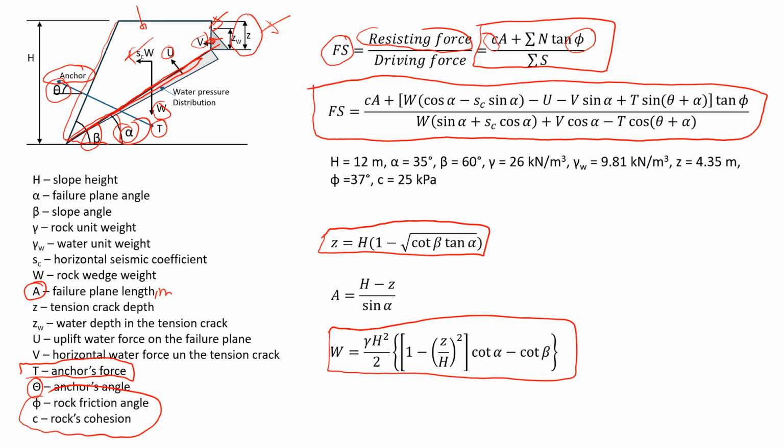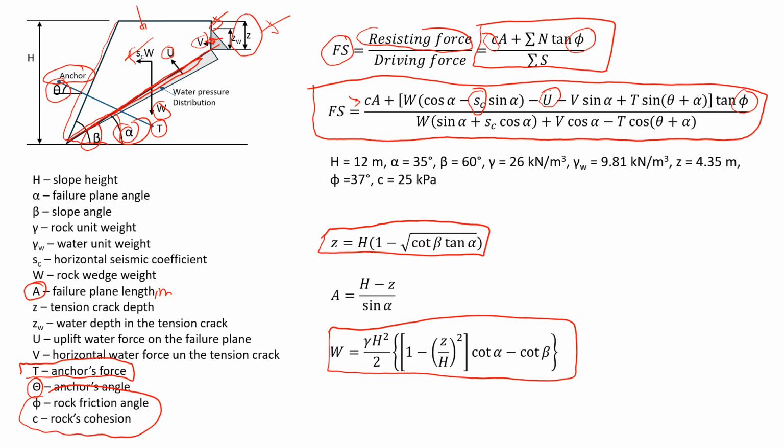So it includes the strength of the rock mass. You see here we have cohesion, and here we have friction angle. It will also include the seismic coefficient, this one. This is the seismic coefficient that would come if there is any shaking, like an earthquake, right? Then we have two values that are related to pore water pressure.